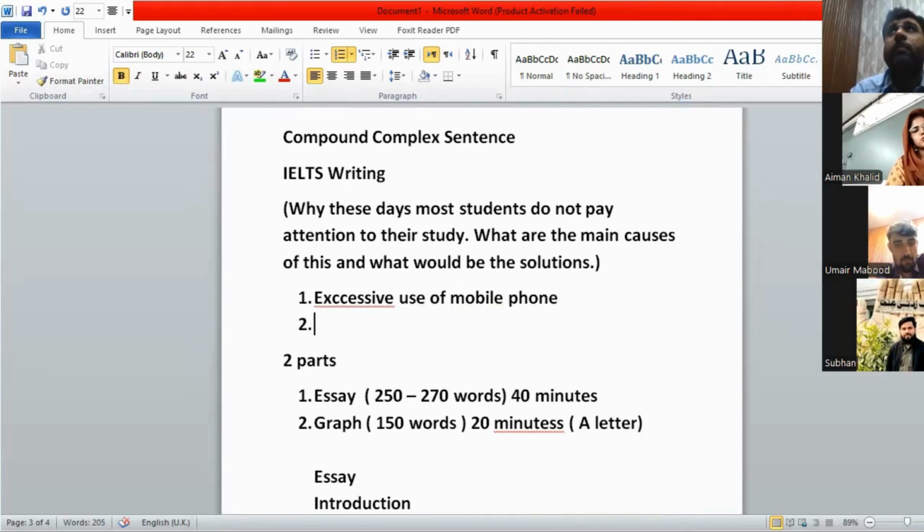Second, due to societal issues, cheating culture. Yes, you could also say cheating culture or cheating. That's up to you. Whatever the causes or the solutions, you could do them according to the situation.